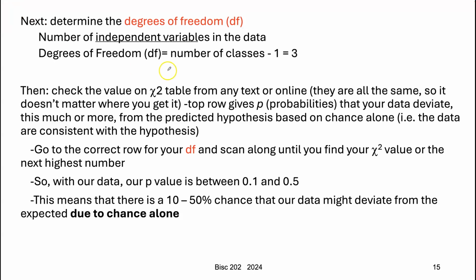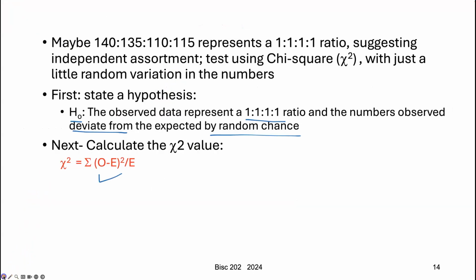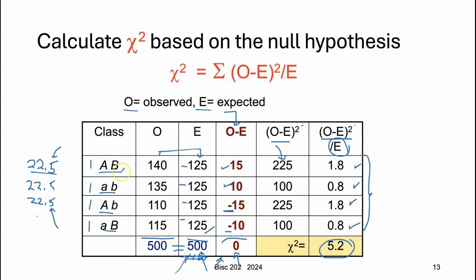And then the next thing we do is we determine the degrees of freedom. So the degrees of freedom are calculated this way. You take the number of categories and subtract 1. And the reason is, for your expected value, you could put anything you want in here. 100, 200, 50, even if it's not based on anything that makes any sense.